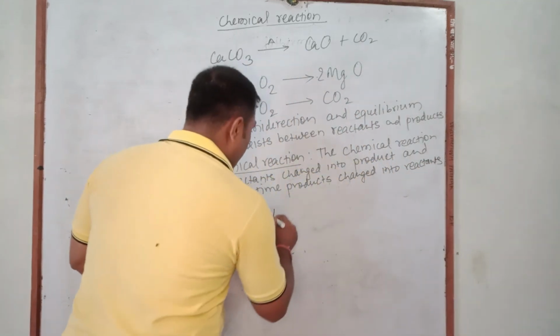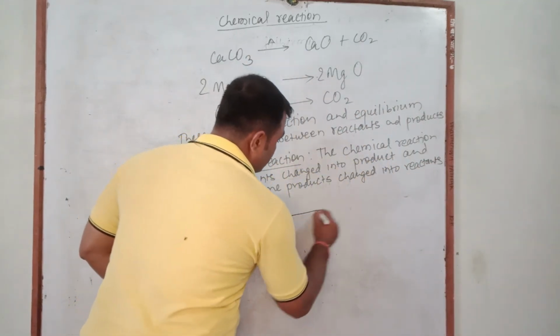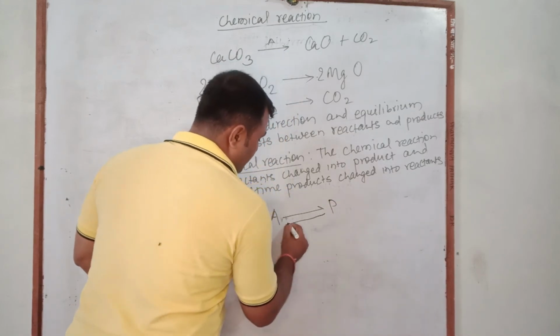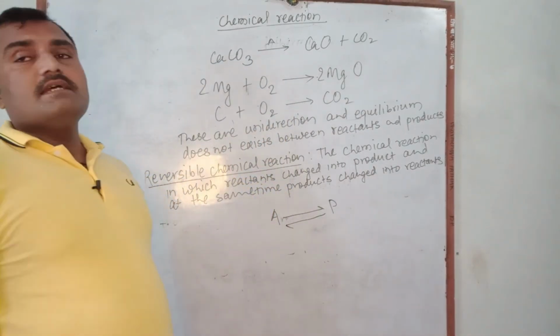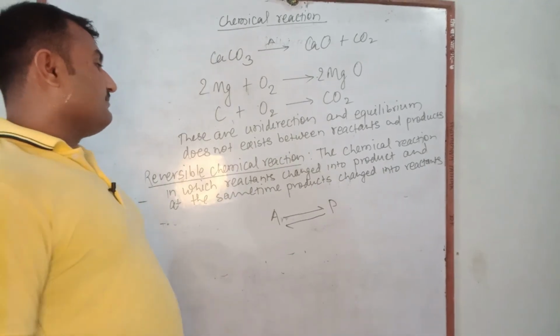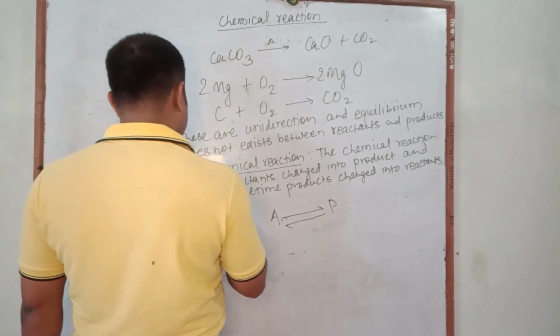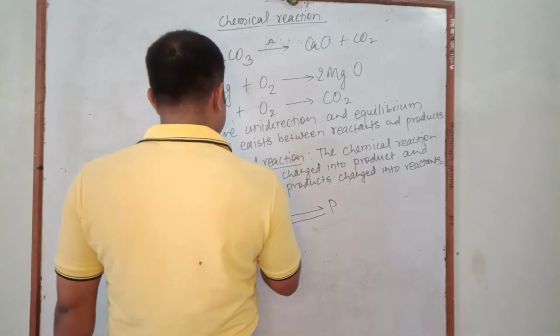Like suppose reactant A changes into product and at the same time product changes into reactant, that is bidirectional in nature, called a reversible reaction.